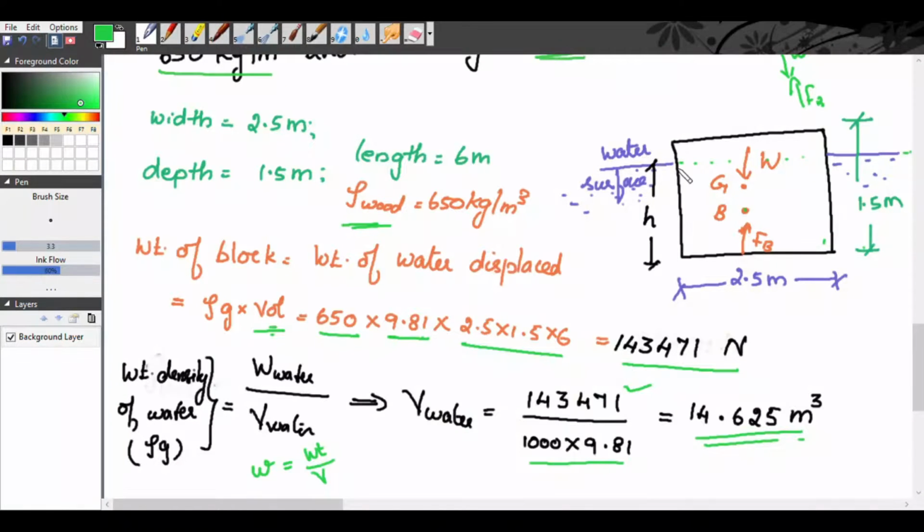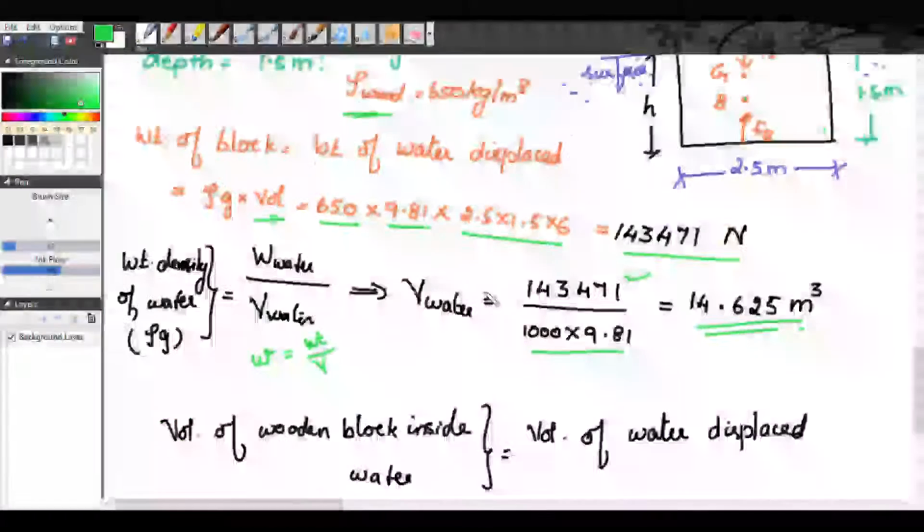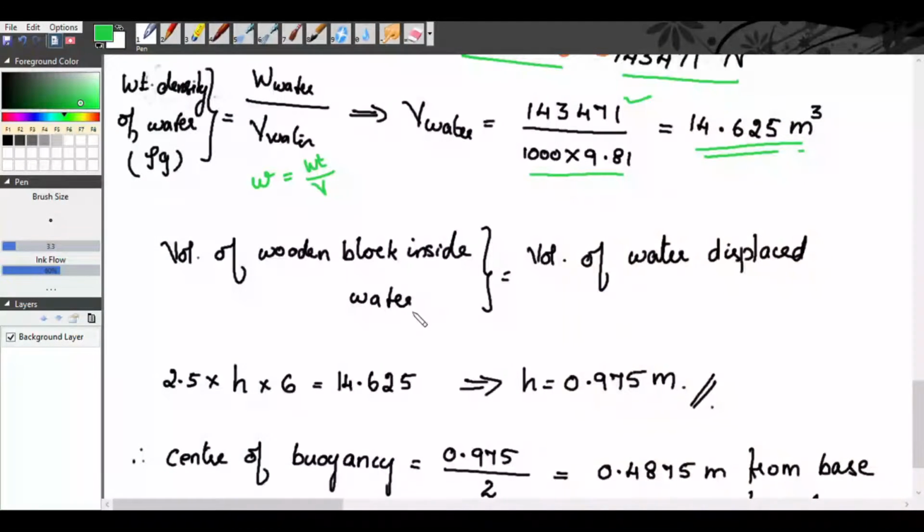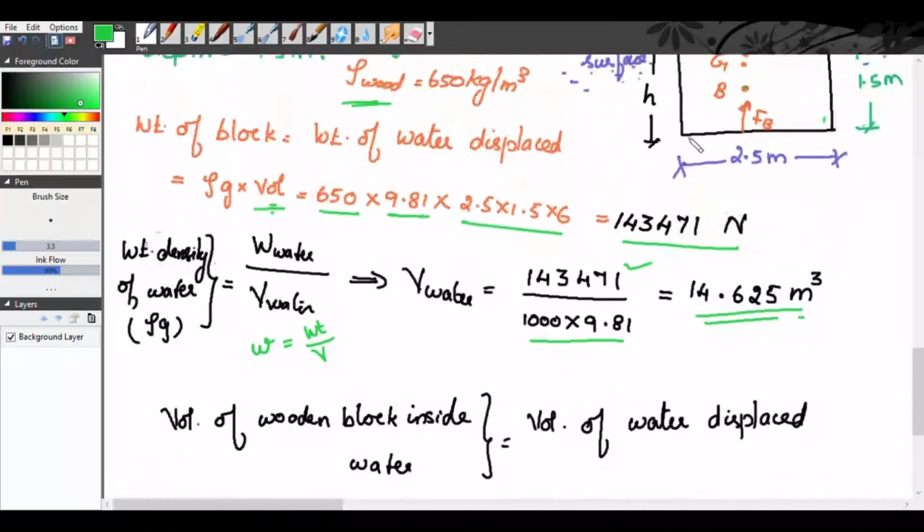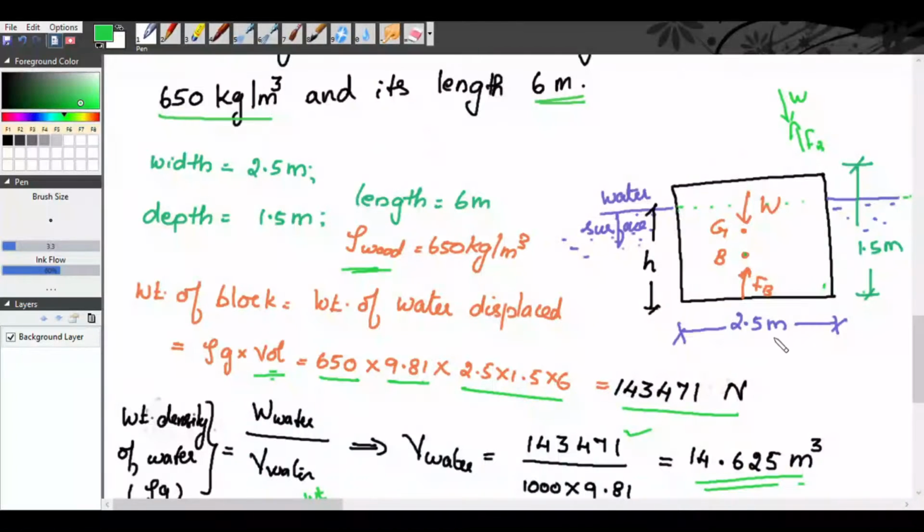So, the volume of water displaced is equal to the volume of the wooden block immersed in the fluid. So the volume of wooden block immersed in water is equal to the volume of water displaced.